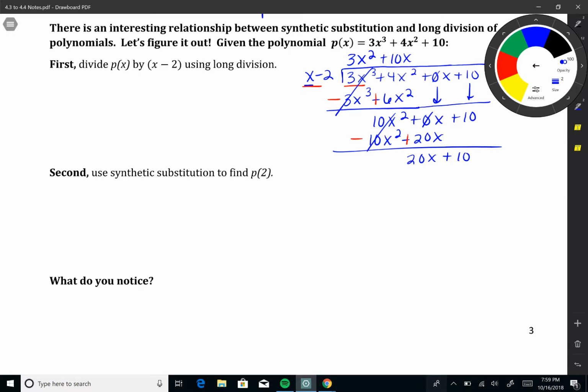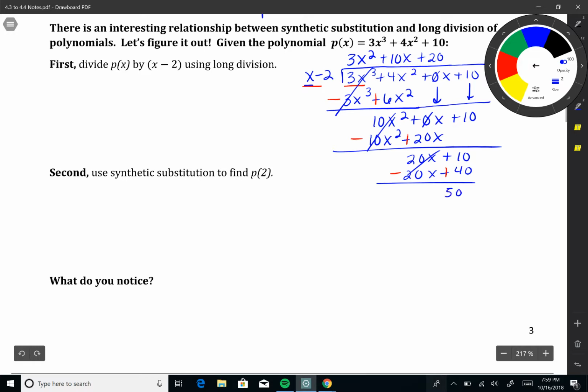And we ask ourselves one last time, what do I multiply times x to get 20x? That would be just plain old 20x, and then negative 2 times 20 is negative 40. I subtract, which changes that to a positive 40. My 20x's cancel, and I have a remainder of 50.